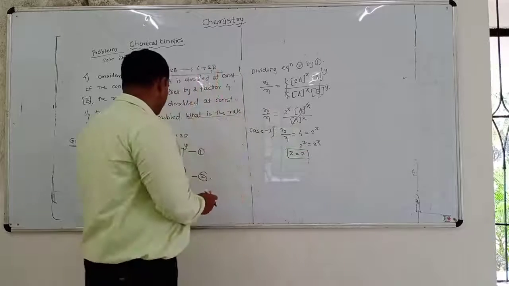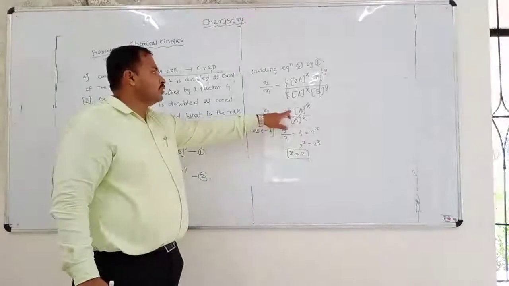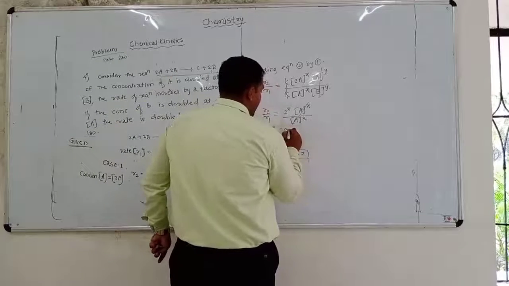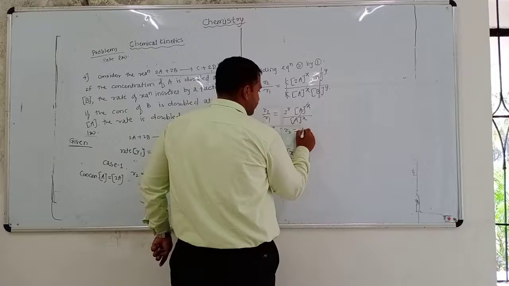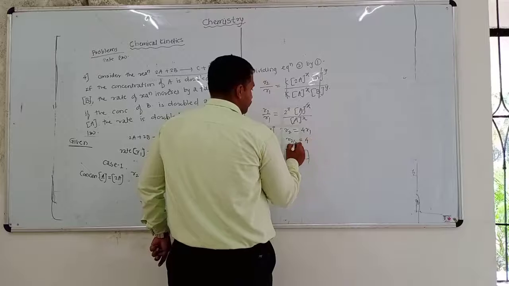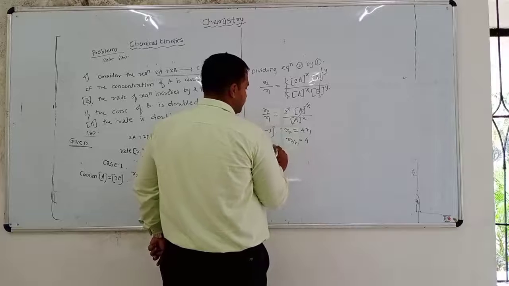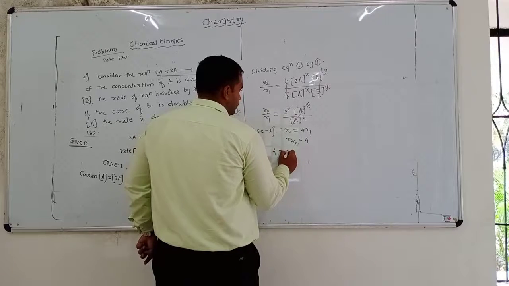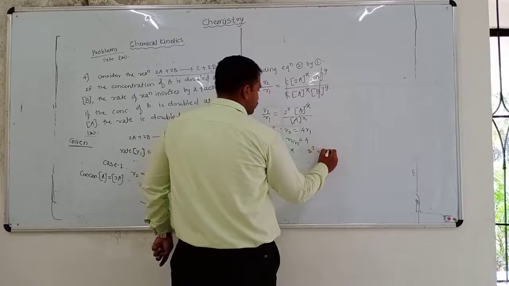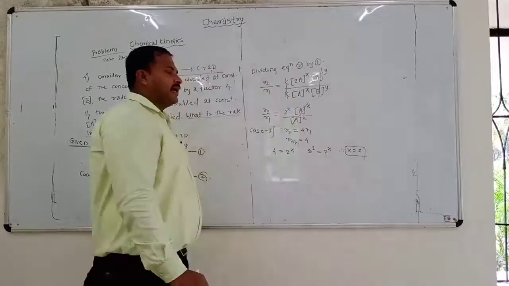R2, the rate of this reaction, increased by 4 times R1. Therefore R2 divided by R1 is equal to 4. So R2 divided by R1 is 2 raised to X and also 4, so we write 4 is equal to 2 raised to X, meaning 2 raised to 2 is equal to 2 raised to X, therefore X is equal to 2. The value that came is 2.